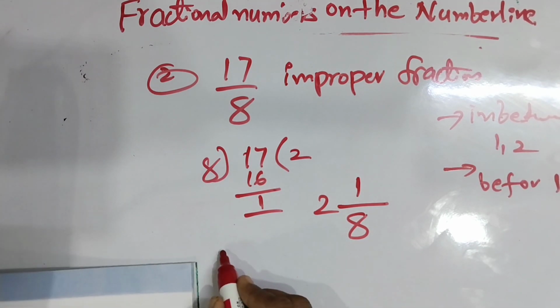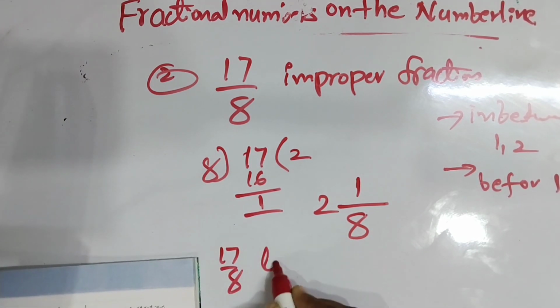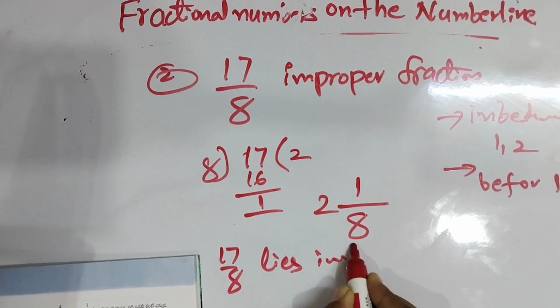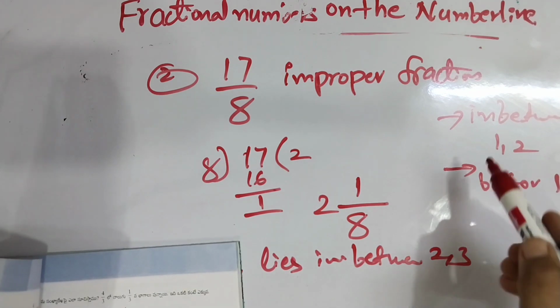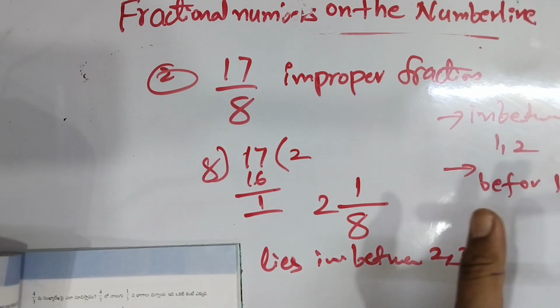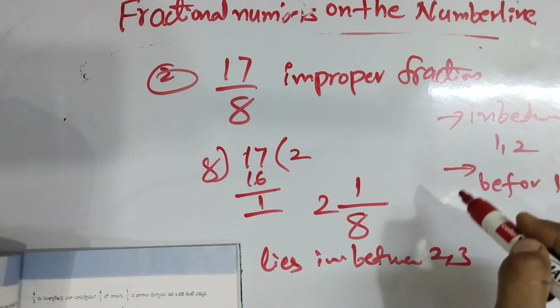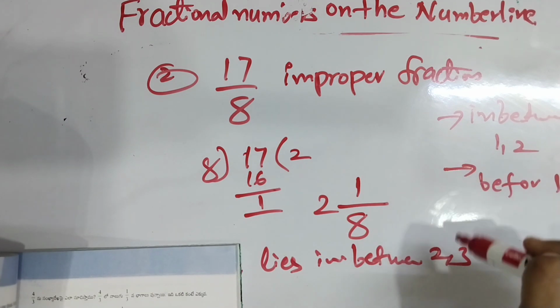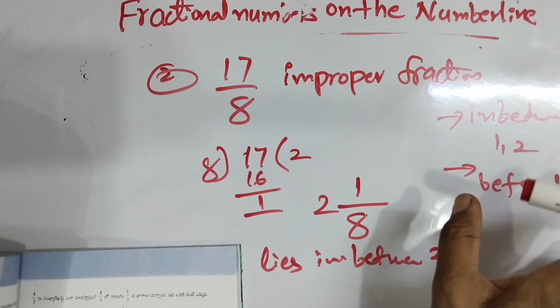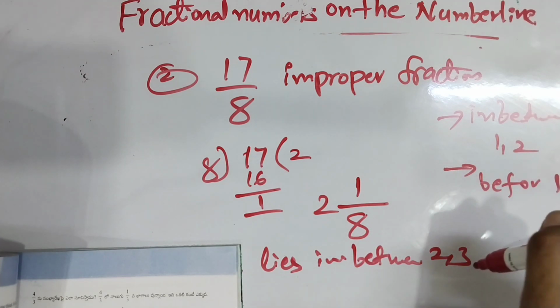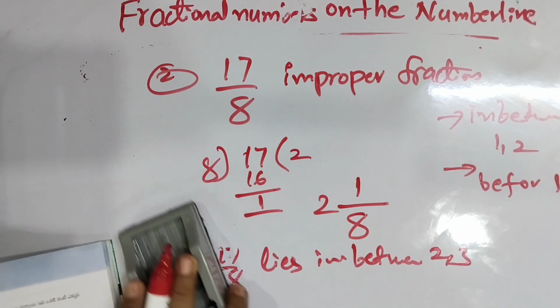So the value of 17 by 8 lies in between 2 and 3. So this fraction does not lie in between 1 and 2. Okay.